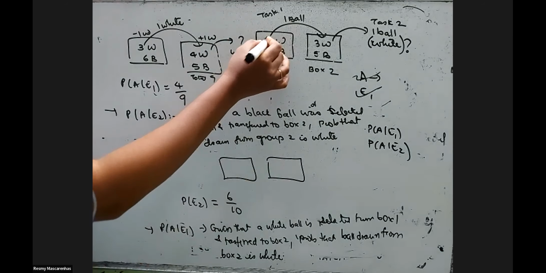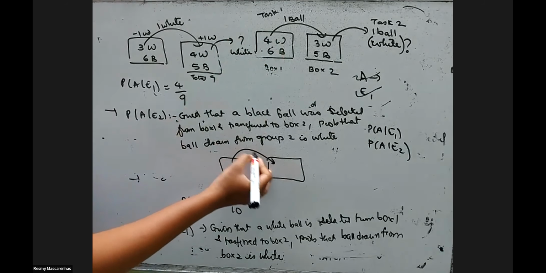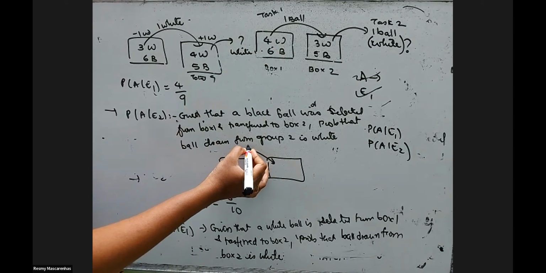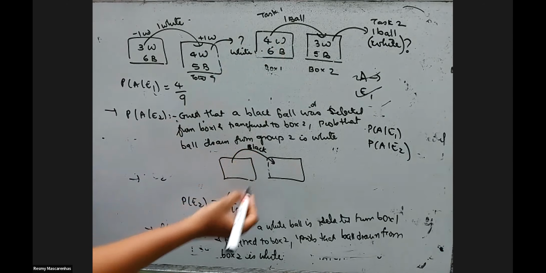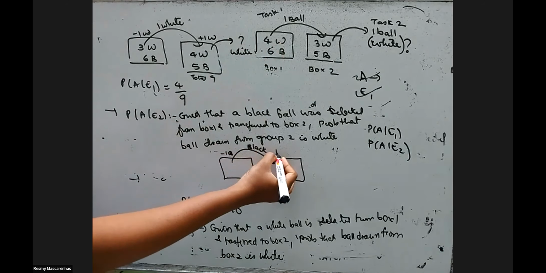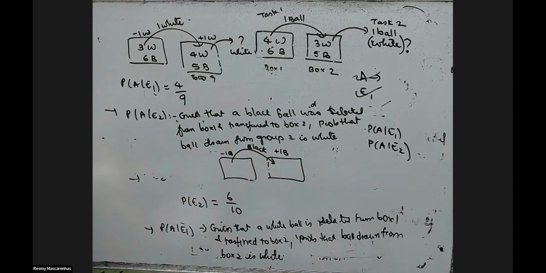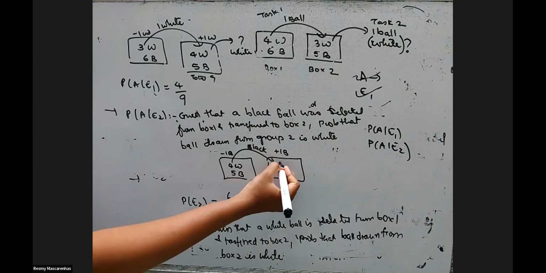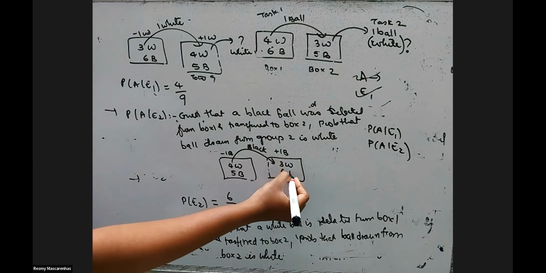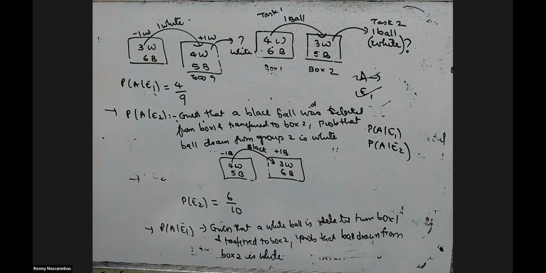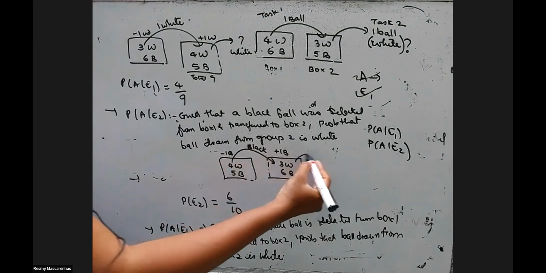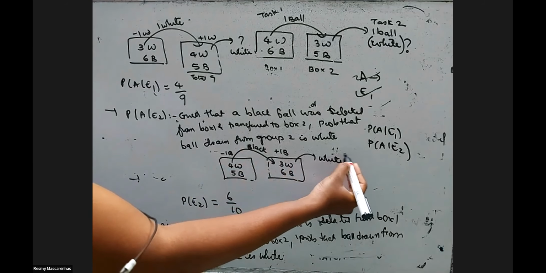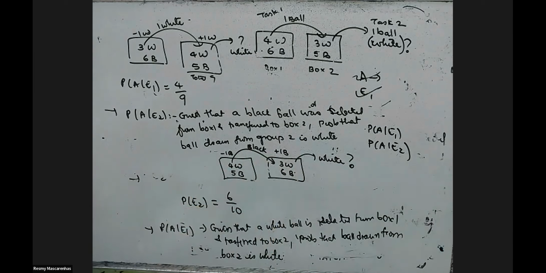Same thing: 4 balls were there. So you're taking a black ball now. So minus 1 black here, and 1 black will get added there. So 4 white, 5 black here, and here 3 white only and 6 black. But here the chance of white has not changed. What are the chances of it being white from group 2 now?